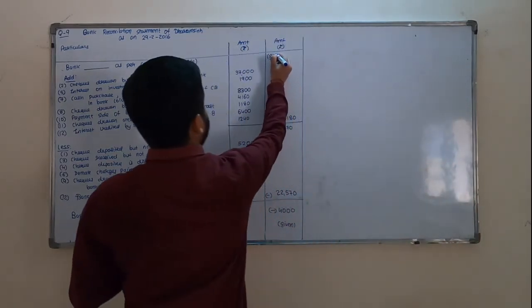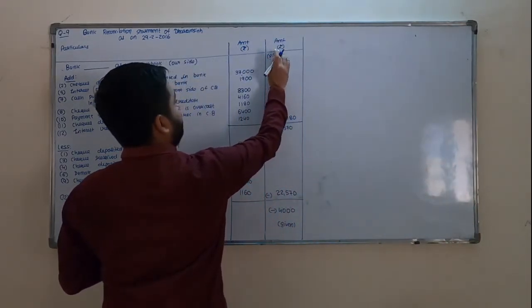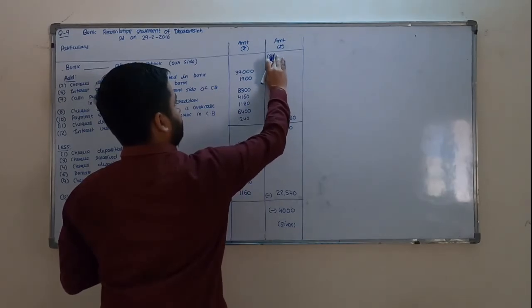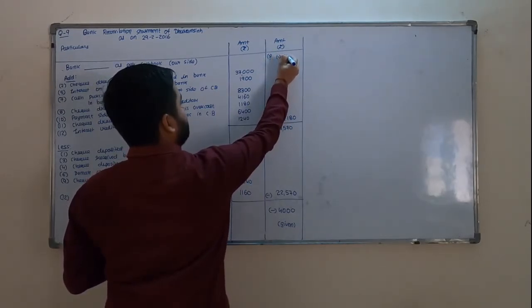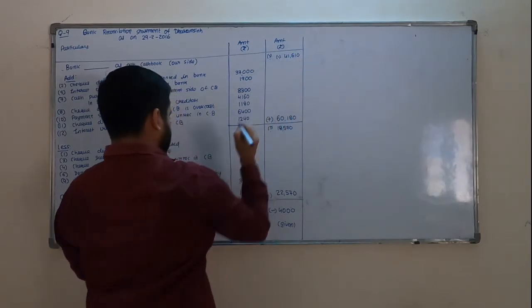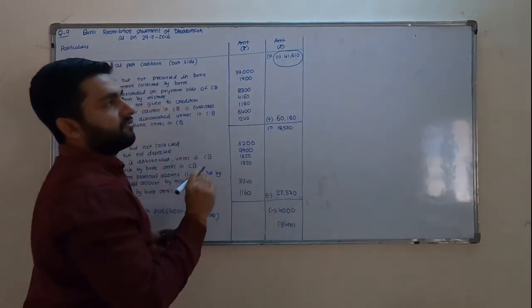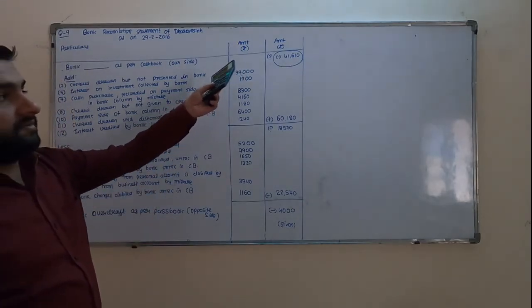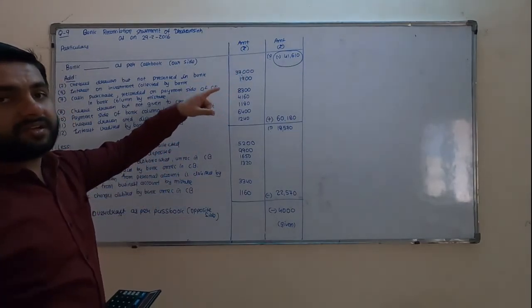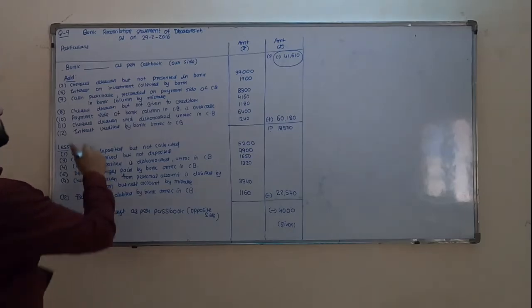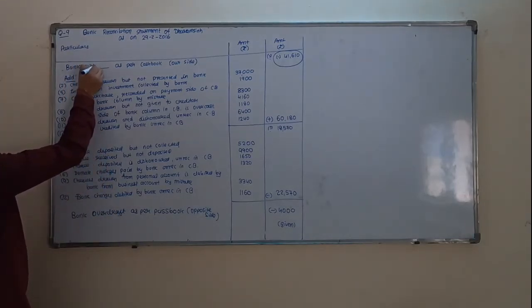So you will get the answer -41,610. We round off here because this is our answer, and since it is in minus, we will write overdraft.